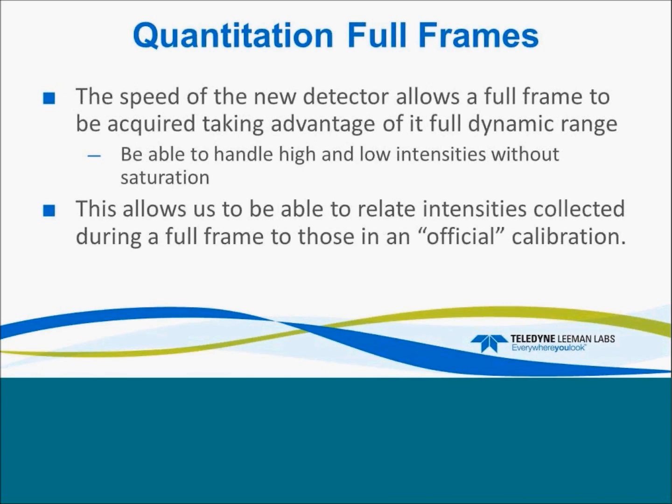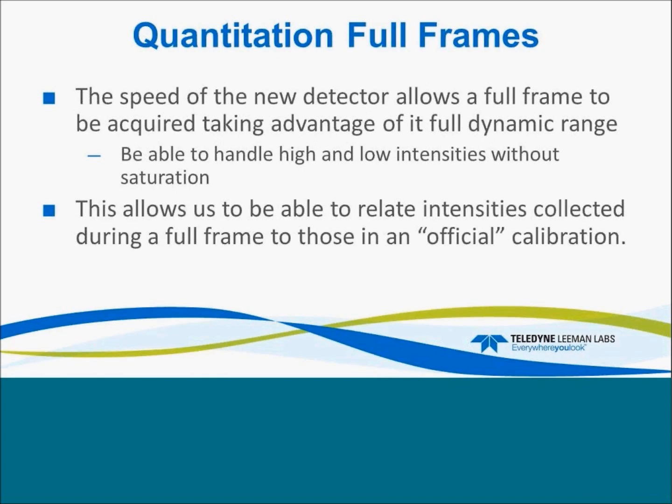So we can handle really high and really low intensities without saturating. And then another difference between this and the LPAD or the CID is we can now relate the intensities from a full frame to the intensities that you would get if you did an official calibration or traditional calibration.